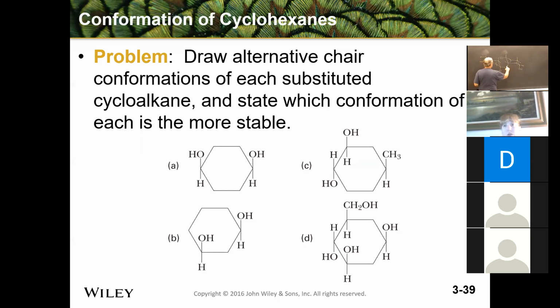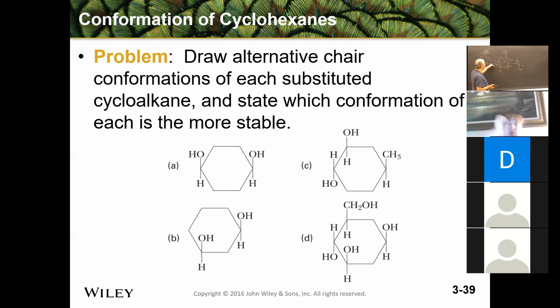Then on this one, OH is on the bottom, OH is on the bottom. So these are two equilibrium forms: both OH on top or both OH on the bottom. Here they're both equatorial, and over there they're both axial.